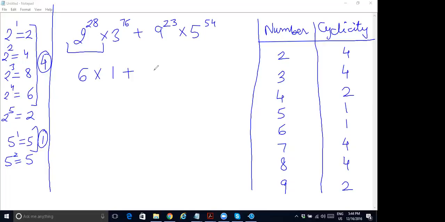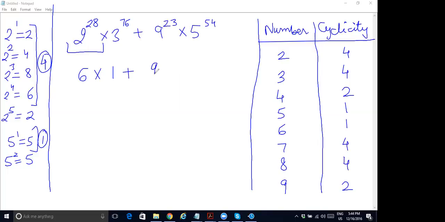9 to the 23, so 23 divided by 2 gives you a remainder of 1. Correct. Now, the remainder is something that you replace the exponent with. So in place of 23, you write 1.